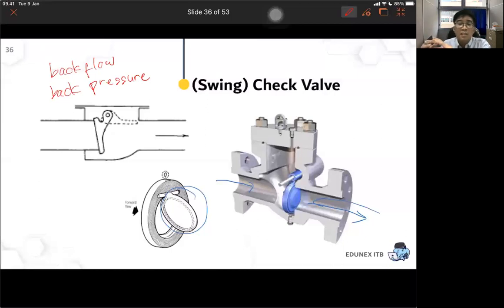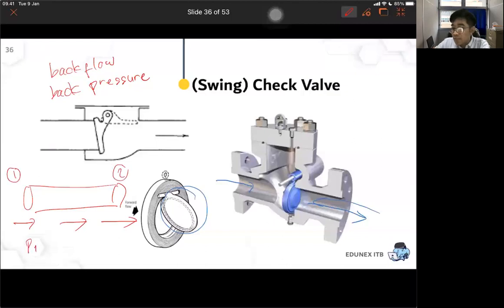For normal conditions, the flow is to the right side because the pressure at point one is higher than at point two.